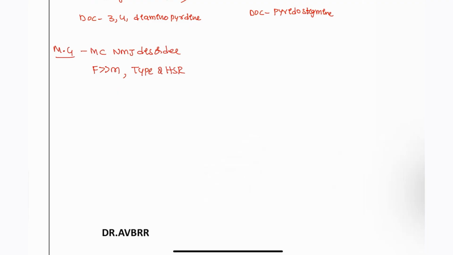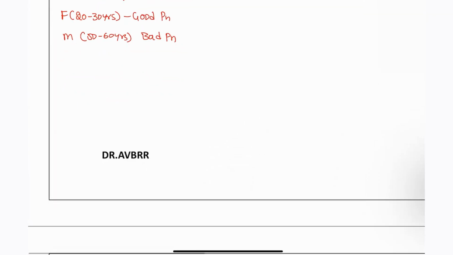Next, the prognosis: if the patient is a female of 20 to 30 years of age, it is associated with good prognosis, but in males more than 50 to 60 years, it is a bad prognosis of the disease.